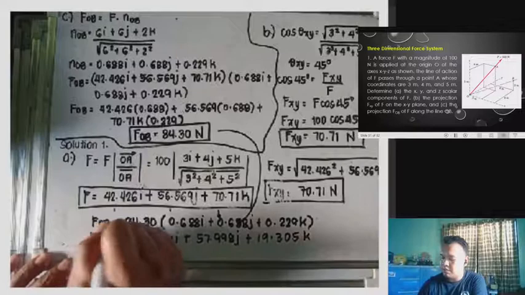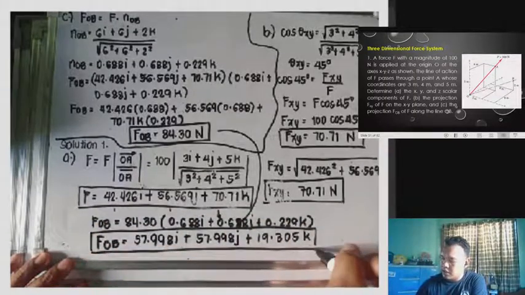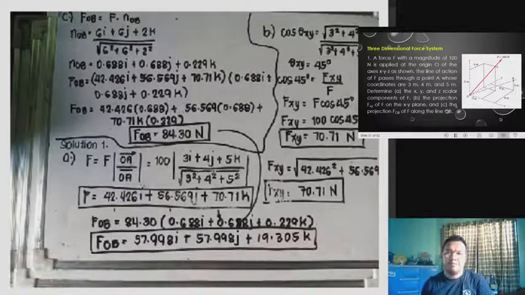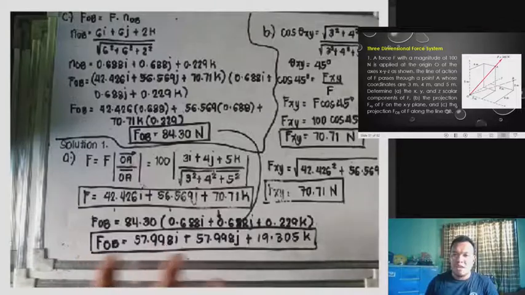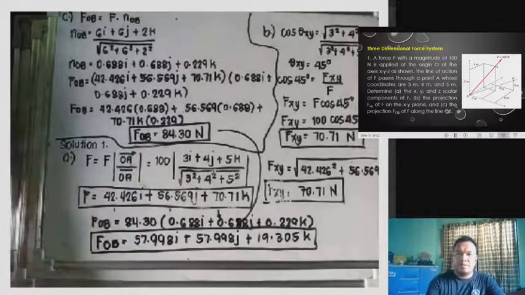Therefore, this is FOB, force OB, in scalar component form. Okay? I do hope you still understood that despite how messy it is. Okay, next problem.